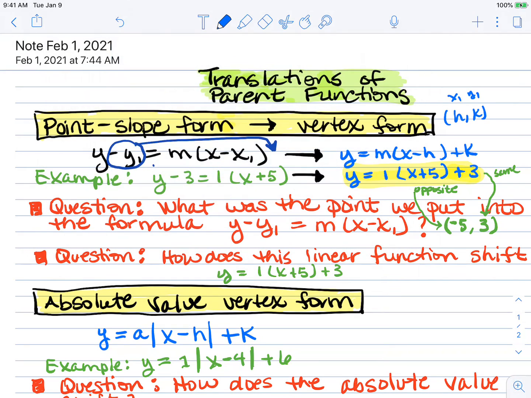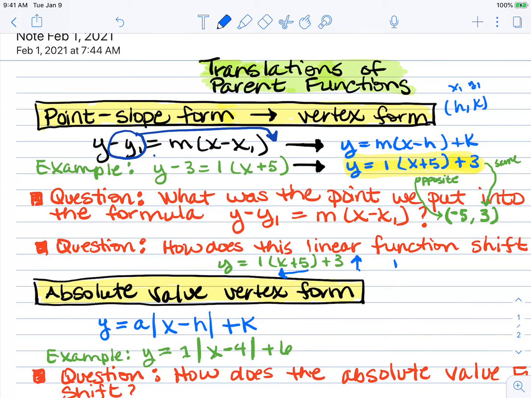Inside, it's shifting this way 5, but on the outside, it's shifting up 3. So when I'm doing this, I'm taking it from the origin.